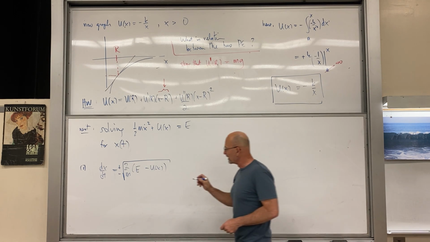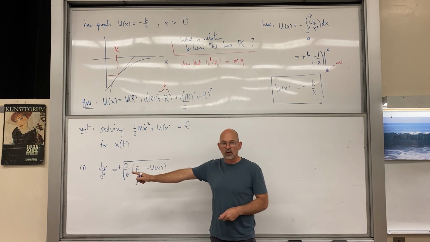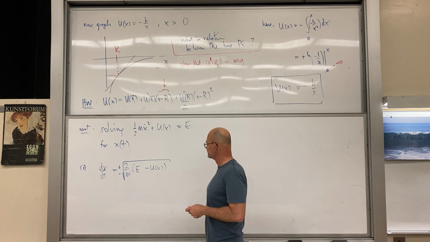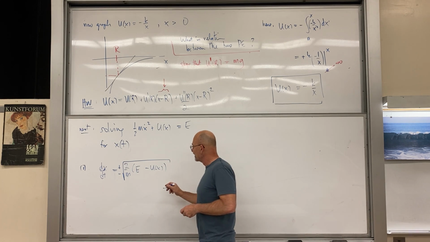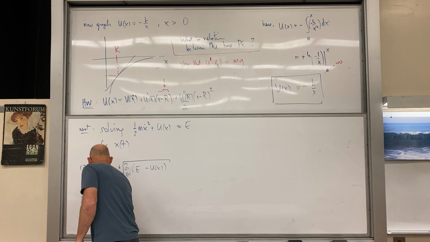And by the way, both signs play a role here. It's not as though we can just throw one away. Okay. So that's the first step. The second step is what's called separation of variables.